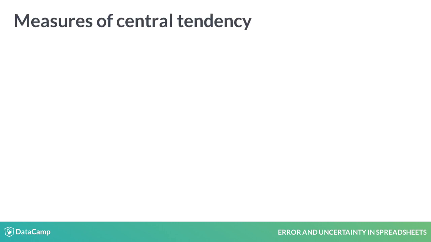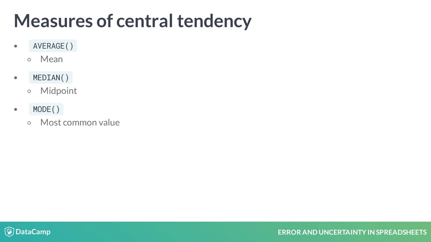We measure variation in the data to assess the amount of error. You should be familiar with the functions for calculating the mean, median, and mode of a data set, which are average, median, and mode, respectively. We will also use the function for calculating the standard deviation, which is stdev.